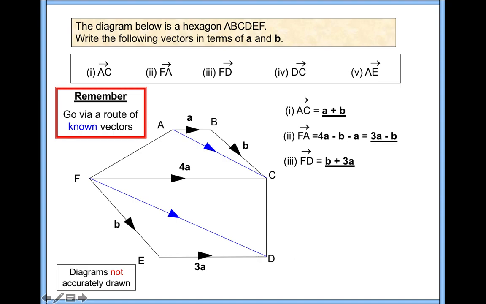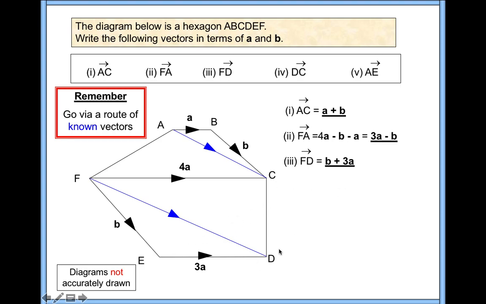Okay, now students, we will go to vector DC, that means from D to C. Vector DC, you have to go via the known routes. So vector FD you already know, and you can use that for finding vector DC.